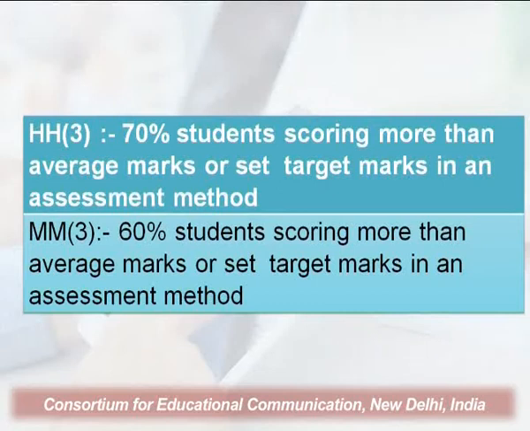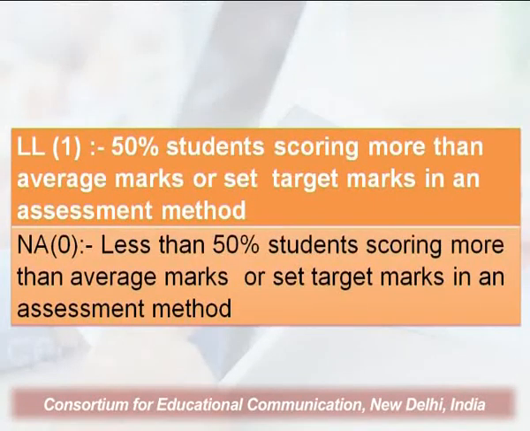If it is 2, that is moderate, it is 60% of the students scoring more than average marks or the set target marks in an assessment year. And 1 is low, and we call it 50% students scoring more than average marks or the set target marks in an assessment year.